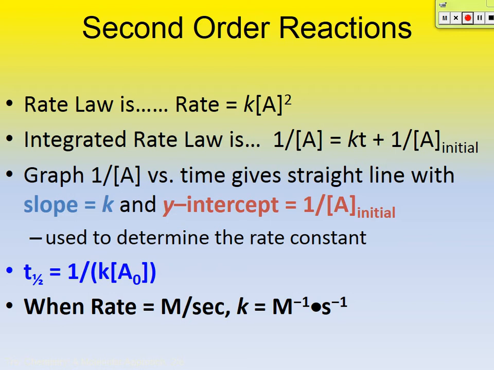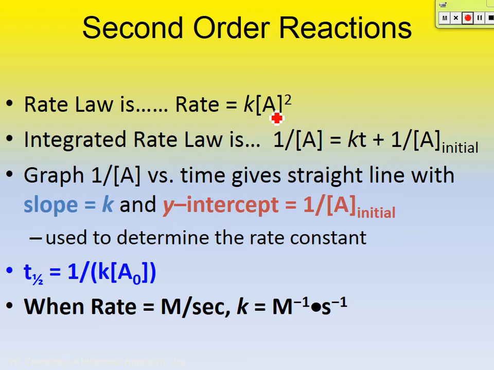Okay, now finally, let's look at second-order reactions. The rate law is equal to k times the concentration of your reactant raised to the second power. So this would be second order with respect to this reactant concentration.